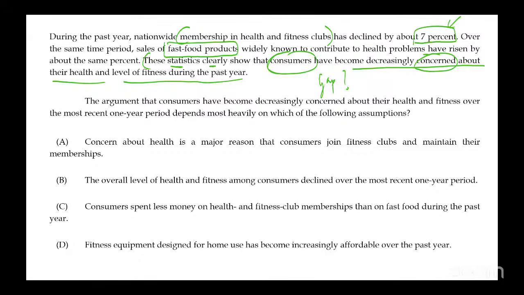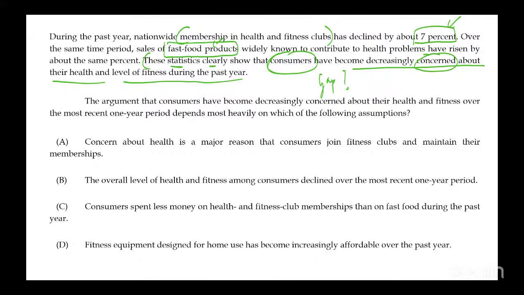Also, it could be the case that this decline is due to people having started working out at home, right? And this increase in sales of fast food products could be attributed to, let's say, a boom in tourism in that particular country, right?